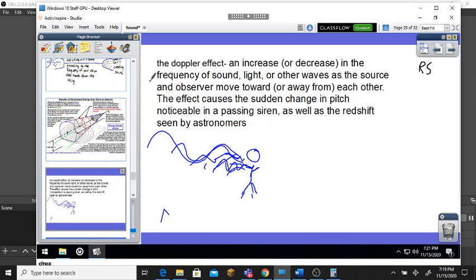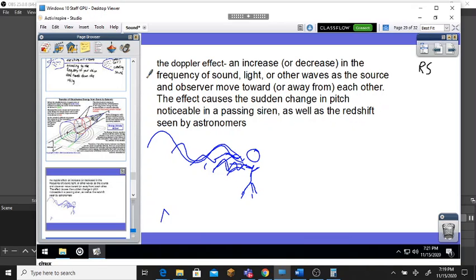So the Doppler effect is an increase or decrease in the frequency of sound, light, or other waves as the source and observer move toward or away from each other. The effect causes the sudden change in pitch noticeable in a passing siren, as well as the redshift seen by astronomers.